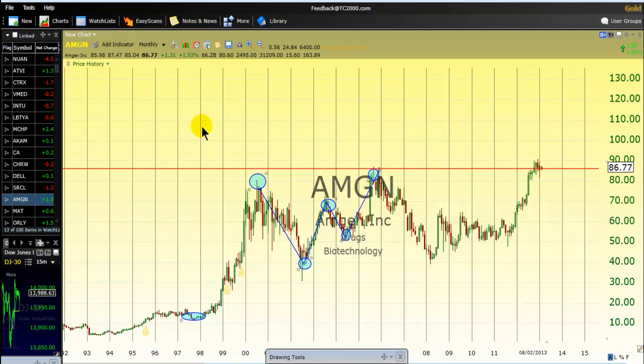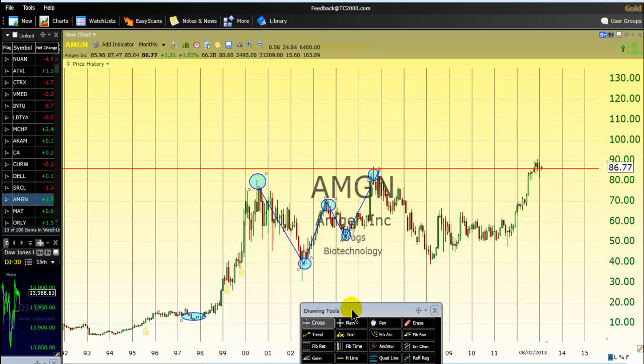We are looking at the monthly chart of AMGN, an American stock. The first question that we must ask is where and when do we see a bearish butterfly pattern? One of the trading mistakes that traders make is seeing a bullish pattern in a downtrend, taking it, and losing.